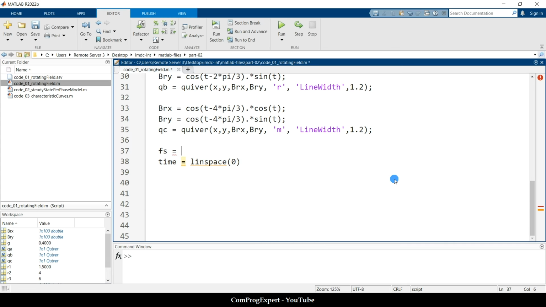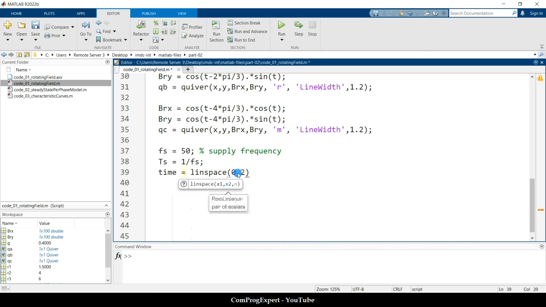In this case, let's consider the frequency of the supply equal to 50 hertz. This is the supply frequency. The time period is 1 divided by Fs. And I want to consider two electric periods. Yes, 2 times Ts. The step size Ts divided by, let's consider 30.